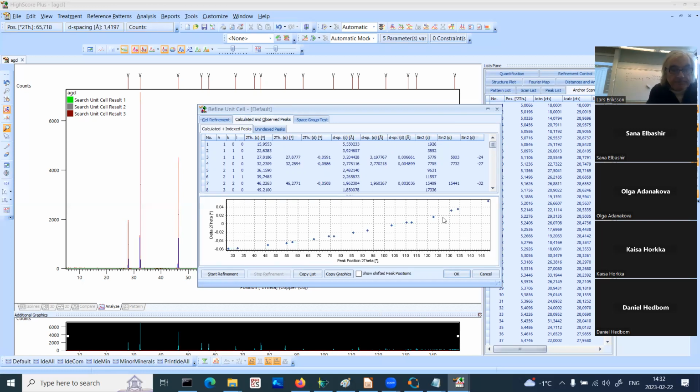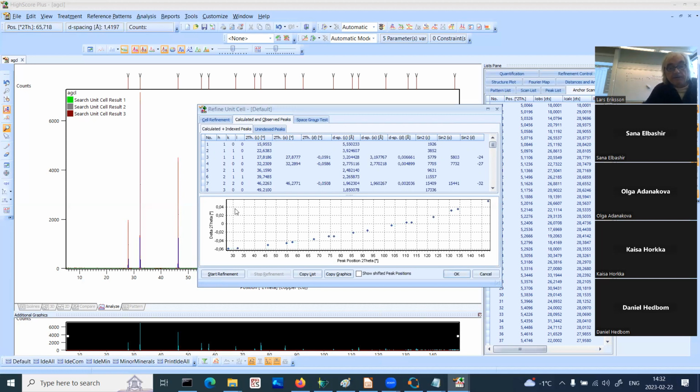Note, by the way, here it says delta 2 theta. What does delta mean? Is it OBS minus calc or calc minus OBS? It's not obvious. We can have a look. 111 is 27.81 as a calculated value. And here it's 27.87 as observed.